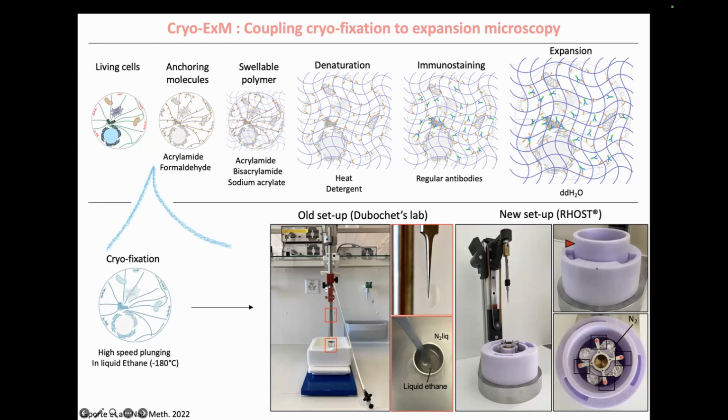Since then, we now have a company that developed an adapted manual plunger, although you could use any manual plunger from an EM facility, but it's quite convenient to have one that is adapted to our sample. In this one, everything is perfectly aligned, and we have this little element here that allows to show the level of liquid nitrogen.